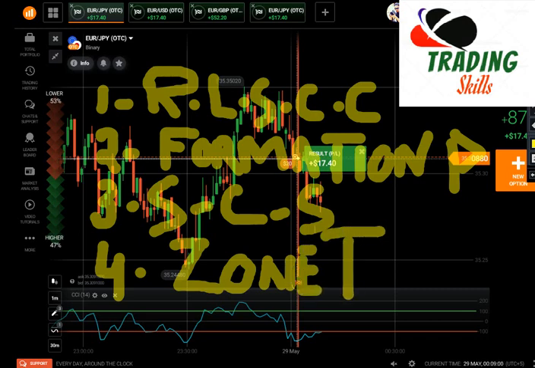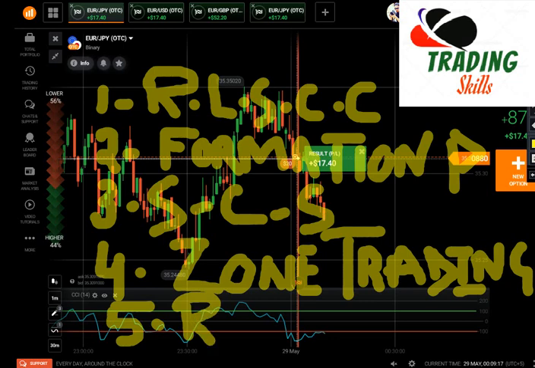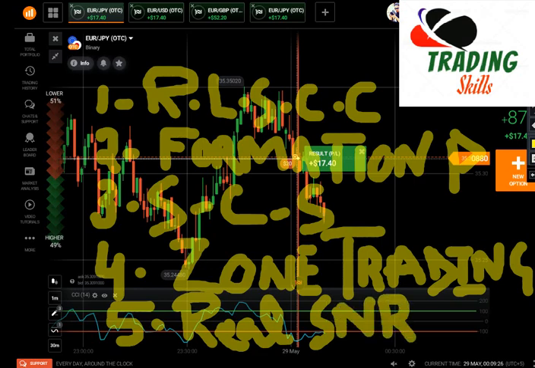zone trading. On each and every candlestick. So zone trading will be there. Number 5, real SNR, and number 6, head and shoulder pattern.